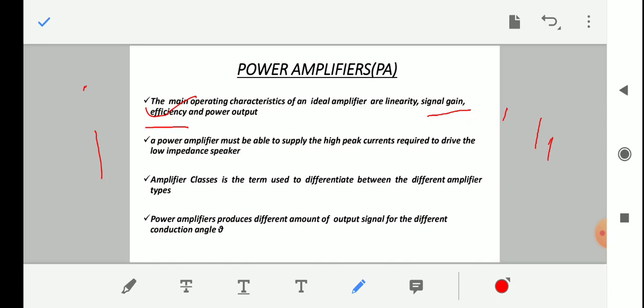So power amplifiers produce a different amount of output signal for different conduction angles. Conduction angle means the amplifier provides the output for different portions of the cycle of the applied input signal.